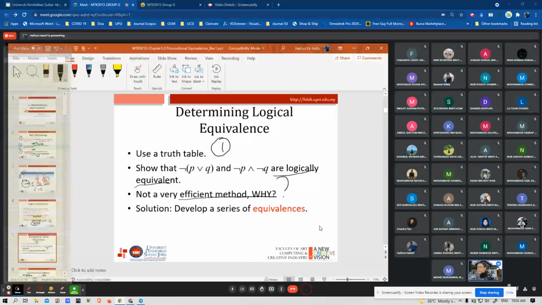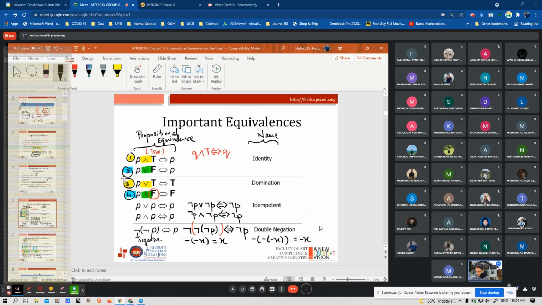Okay, for the solution, we develop a series of equivalences, based on the hypothesis. And then the important equivalences.